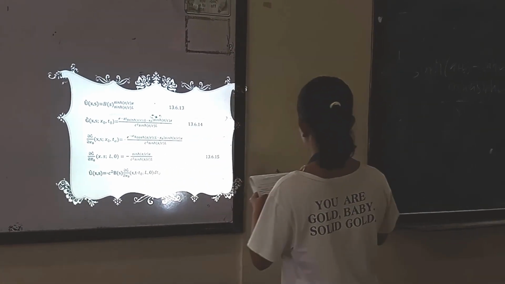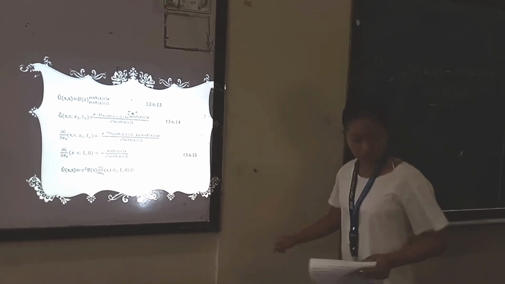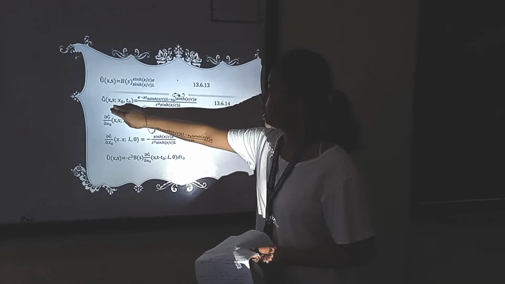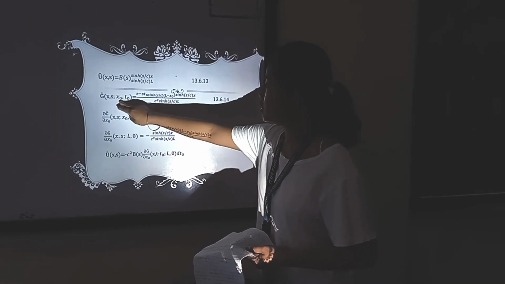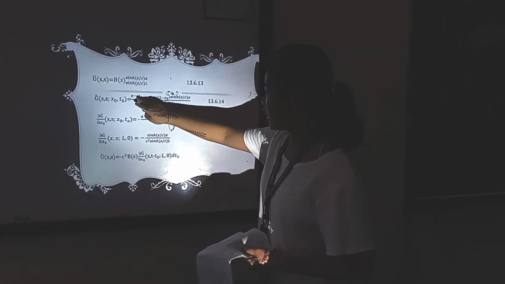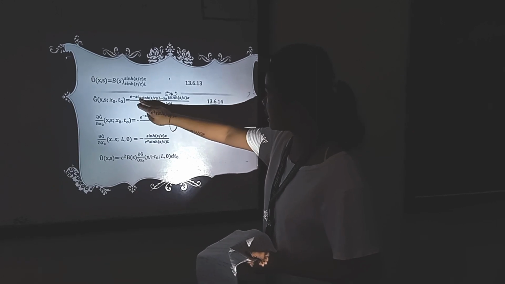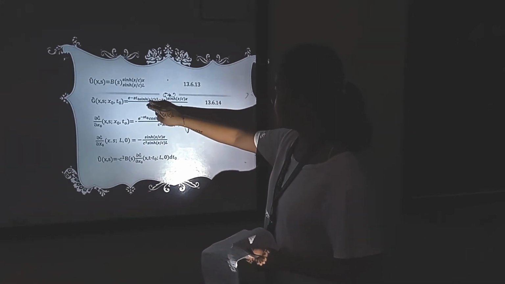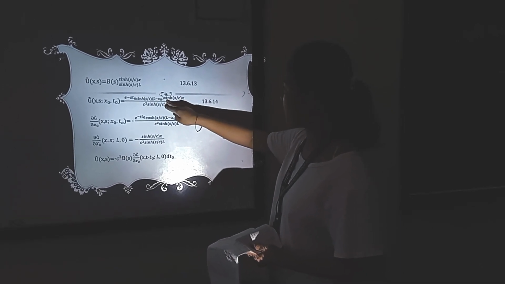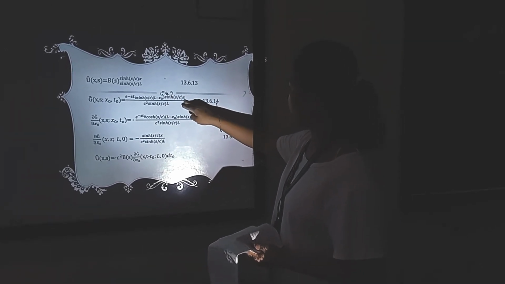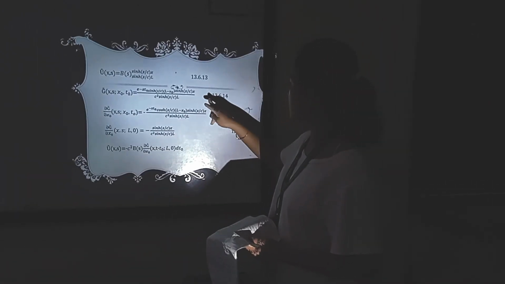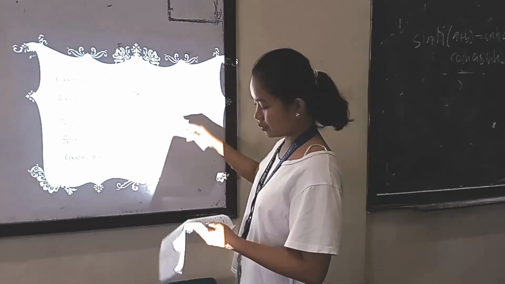So G bar of x, s; x naught, t naught equals e to the negative s t naught times sinh of s over c times l minus x naught times sinh of s over c x, over c squared sinh of s over c l. So this is 13.6.14.